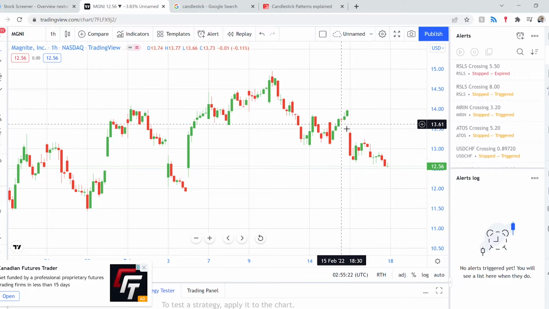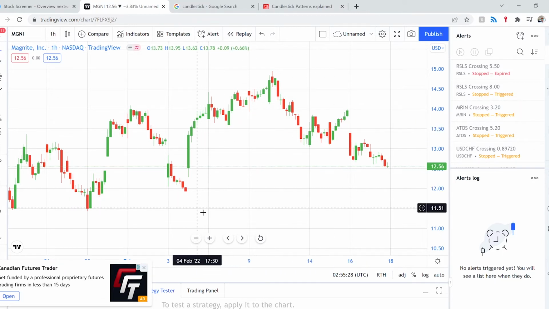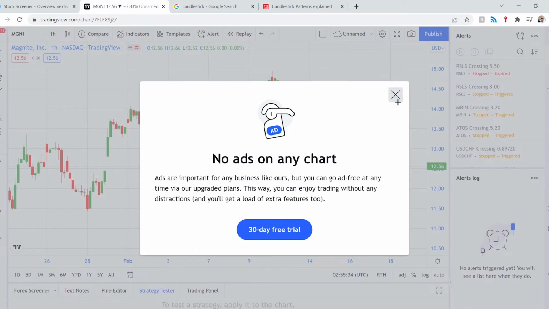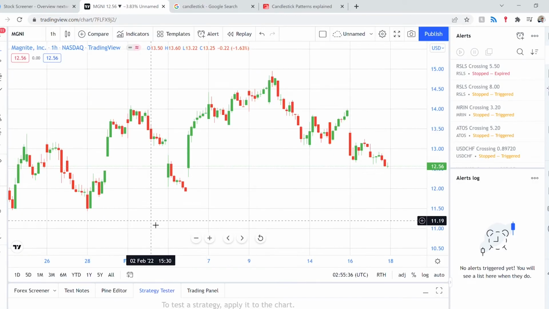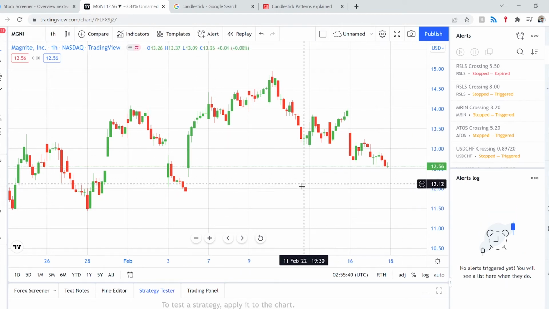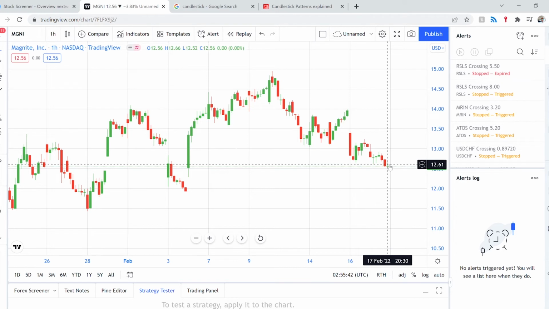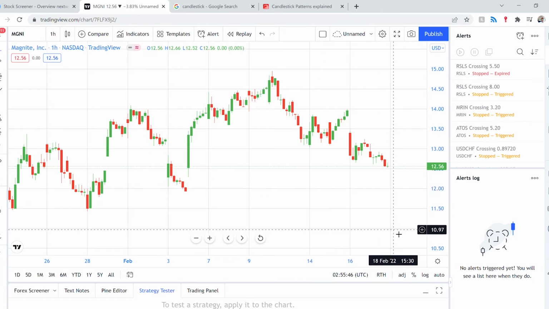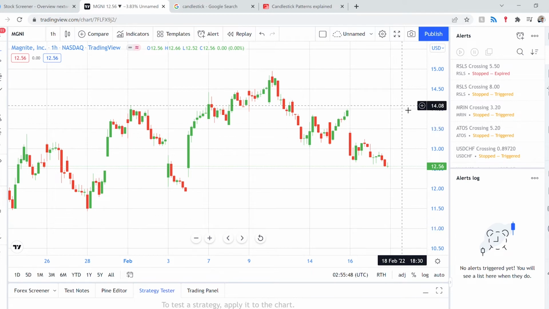What we want is to figure out when do we buy and when do we sell, and that's what we call technical analysis. So on this chart, you want to figure out, if I buy, do I buy right now, or do I buy when it gets to 12, or do I buy when it gets to 11, or do I buy when it gets to 14?